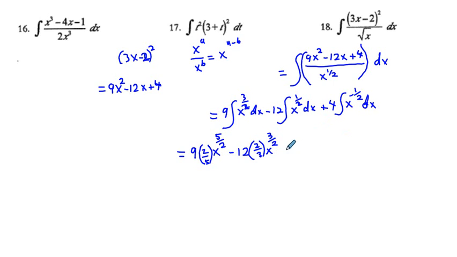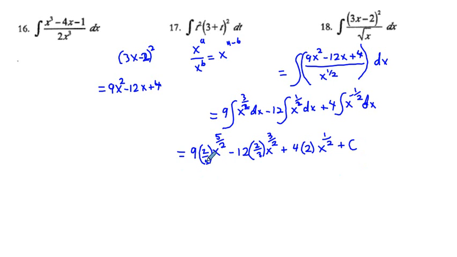Okay, then we have plus 4, and x to the negative 1/2 plus 1 is x to the 1/2. Now we divide by 1/2, which is the same as multiplying by 2 over 1, which is 2. And then we add c, our constant of integration.